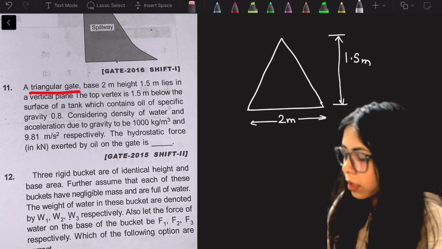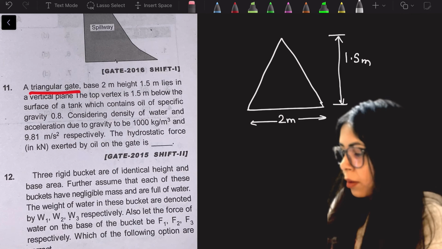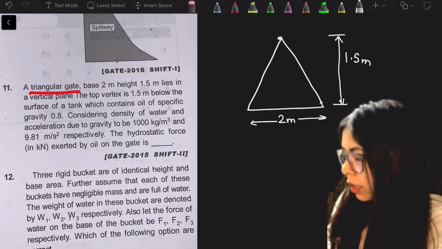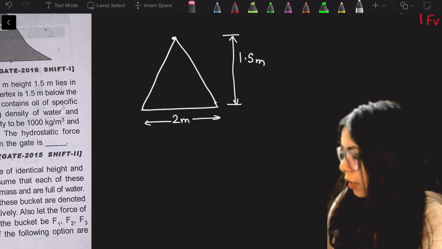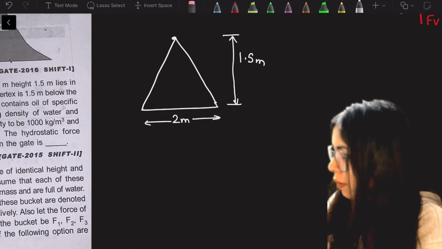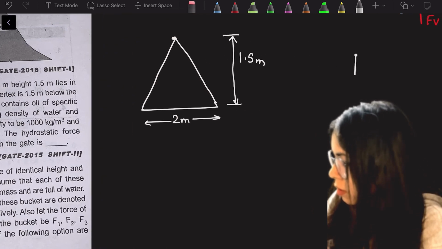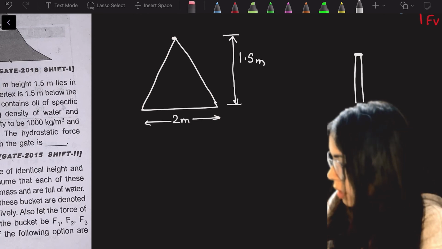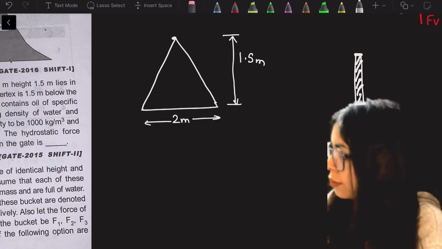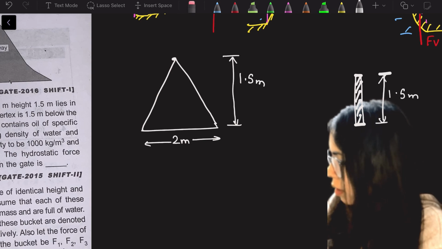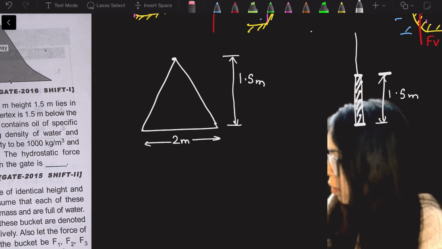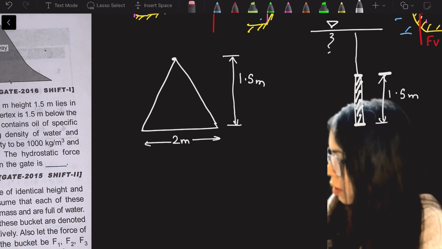The top vertex is 1.5 meter below the surface of the tank. That means if I say this is in vertical plane, I am seeing the side view, right? So this is the vertical plane of the triangle which is 1.5 meter, and then it is also 1.5 meter below the free surface.